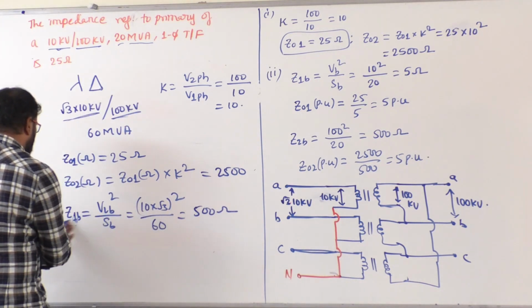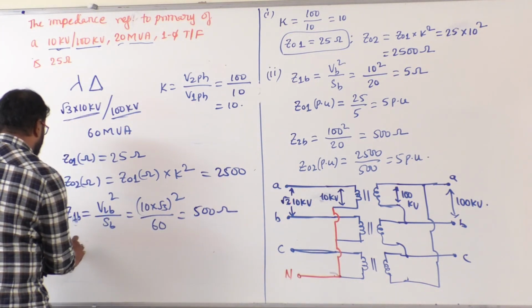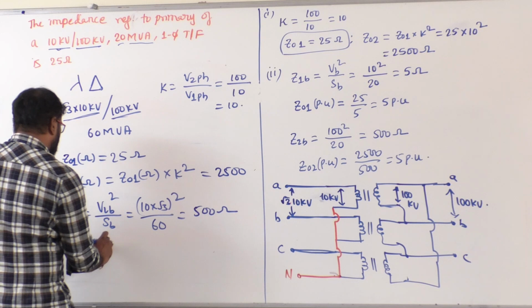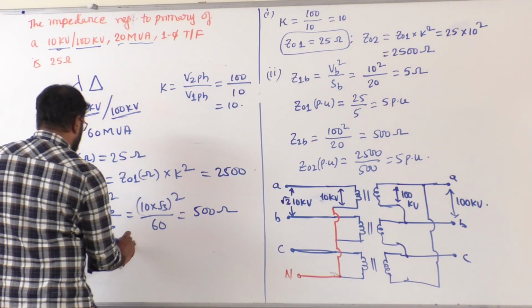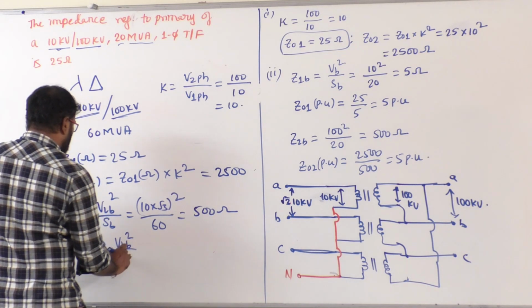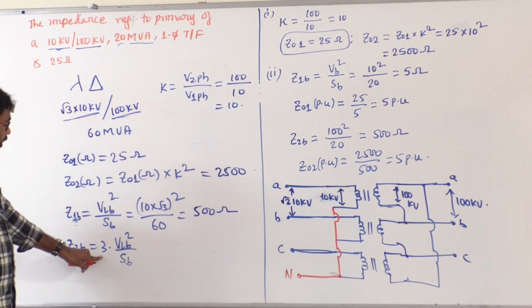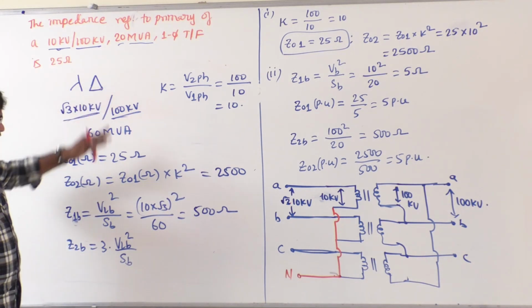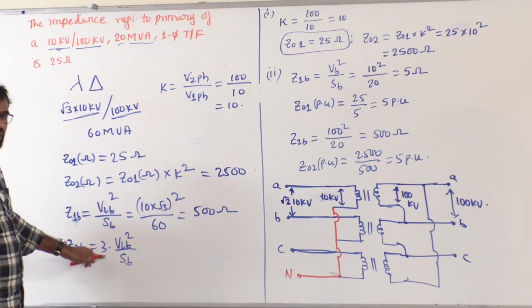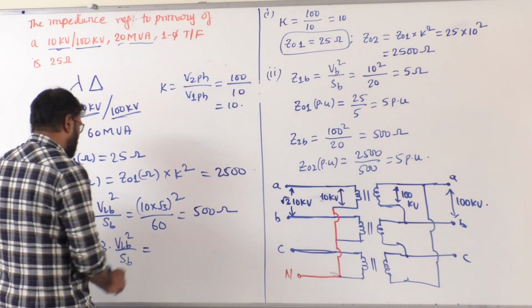Tell me what is Z2 base? 3 into V line base square. Why did I multiply with 3 here? Because it is a delta connection on the secondary side, that's why the multiplication by 3 comes.